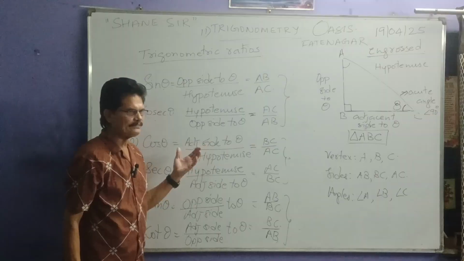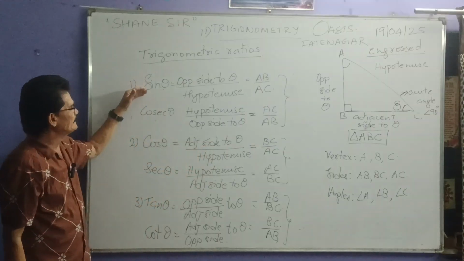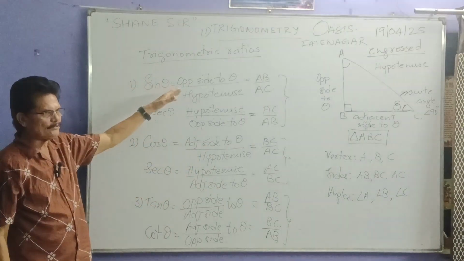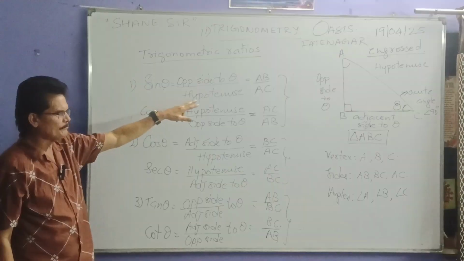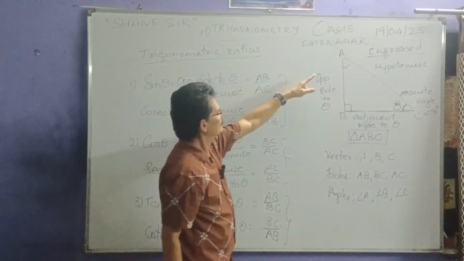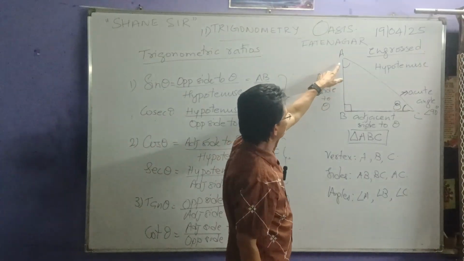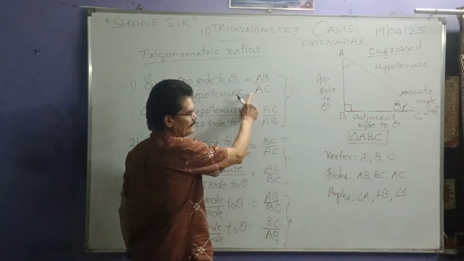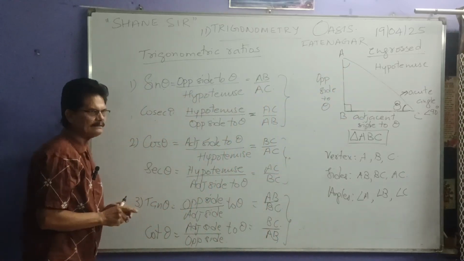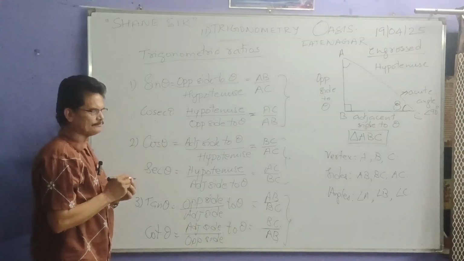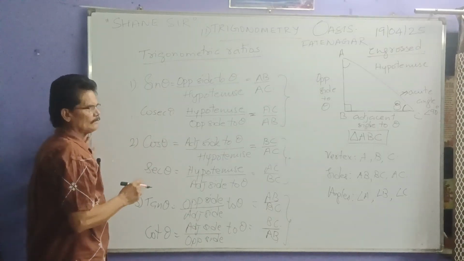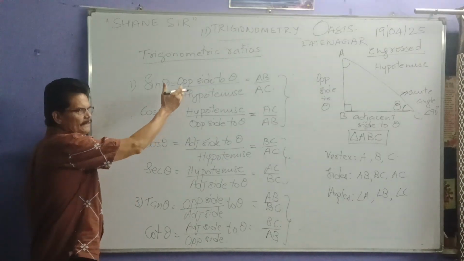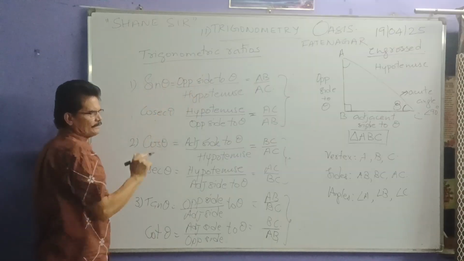Now the definitions: sine theta is equal to opposite side to theta by hypotenuse. Opposite side to theta is AB, hypotenuse is AC. So AB by AC. That is sine theta. Always the definition will be opposite side by hypotenuse.